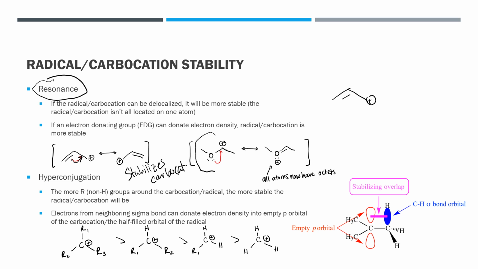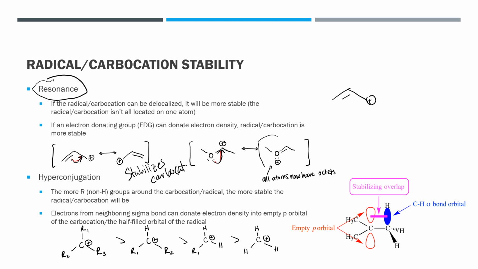And here's just one more example. We have an oxygen with a lone pair. We've talked about these different forms of resonance in my previous resonance video, so I would watch that before you attempt this, because I'm just assuming we know what resonance is. So with this oxygen, we have an oxygen with lone pairs next to a carbocation. We can donate that lone pair to form a bond with that carbon.